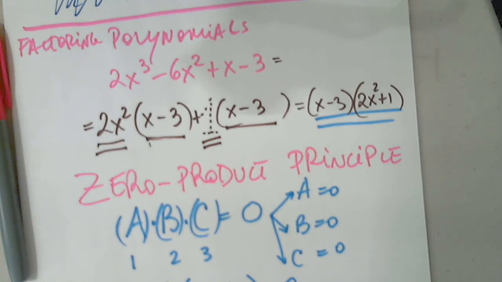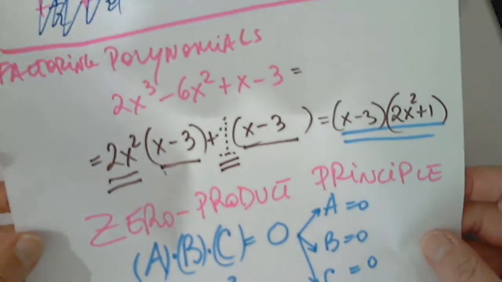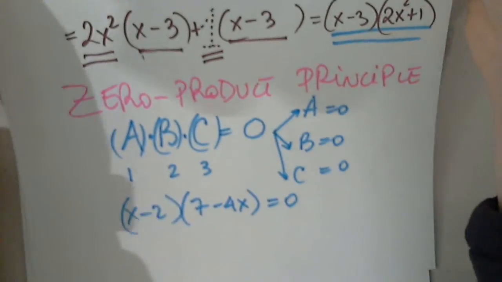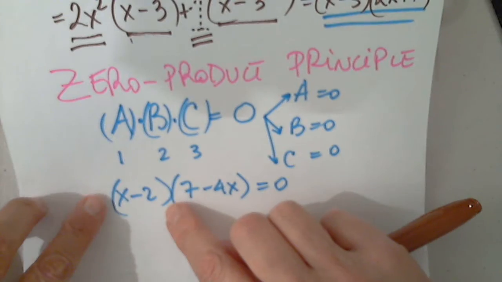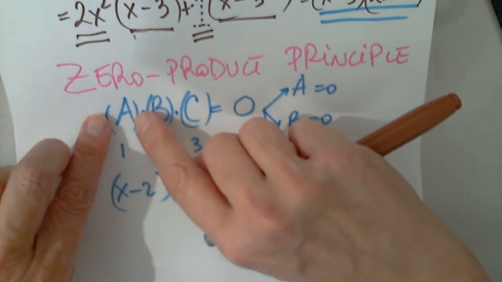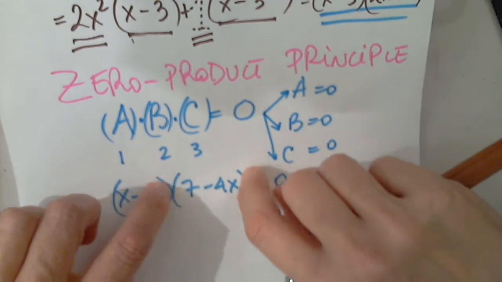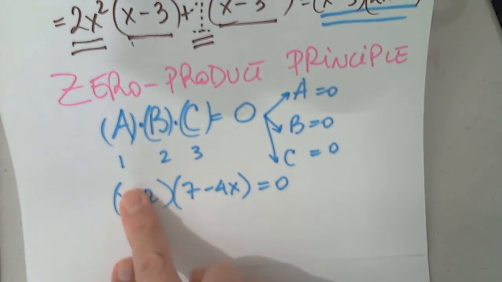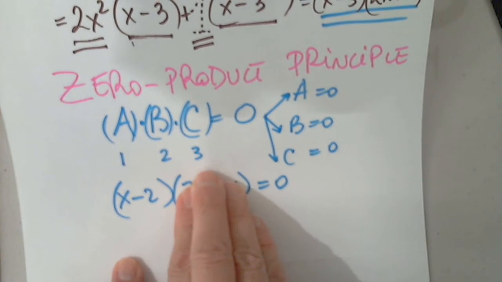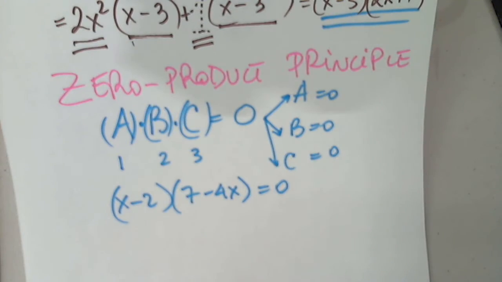So I'm using the zero product principle. How do I use it? By simply saying, okay, I do have 2 factors. Factor x minus 2 is like factor A here. And factor 7 minus 4x is like factor B. What do I have to do? I have to set this factor equal to 0, and I have to set this factor equal to 0. And solve for x, and I'm done.